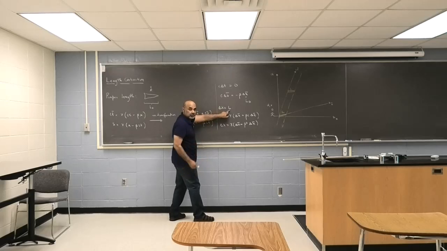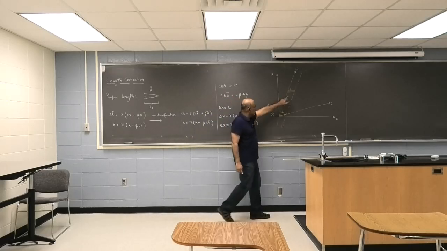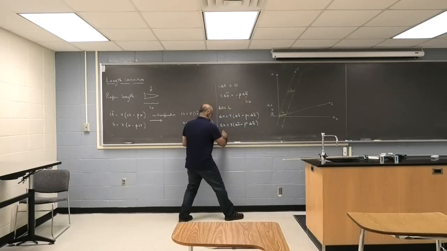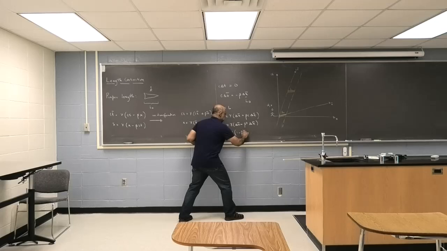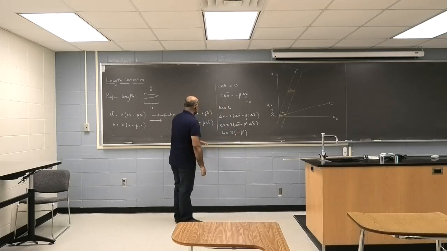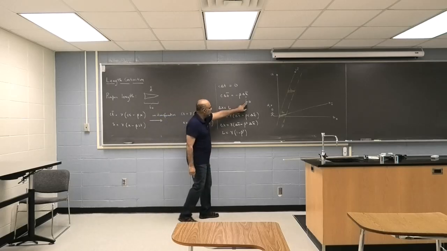Let me put symbols in. Delta x is the length you're measuring, not quite the proper length. Gamma, I'm going to factor the delta x bar out, so I get 1 minus beta squared. And then it's delta x bar, but we had agreed that delta x bar is L0.